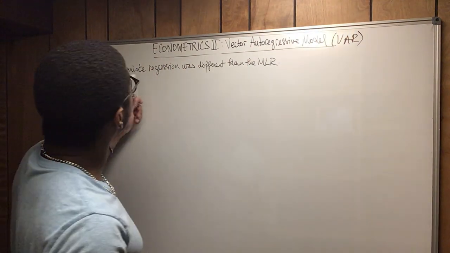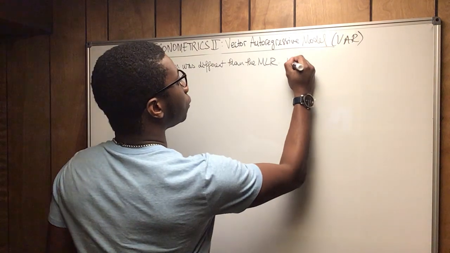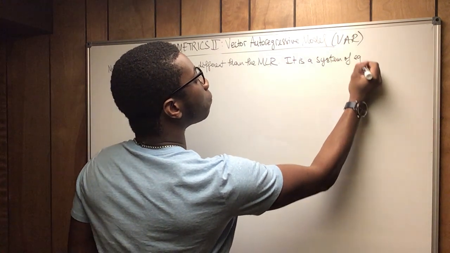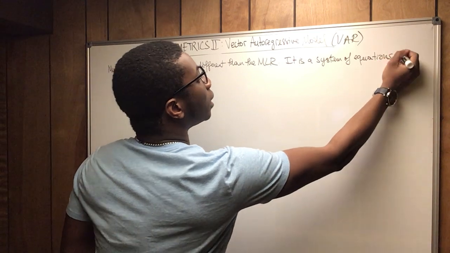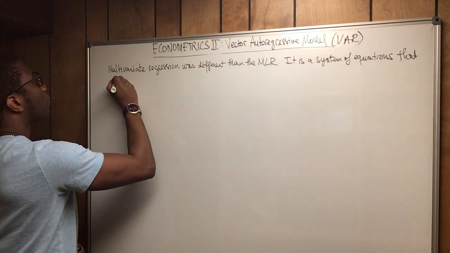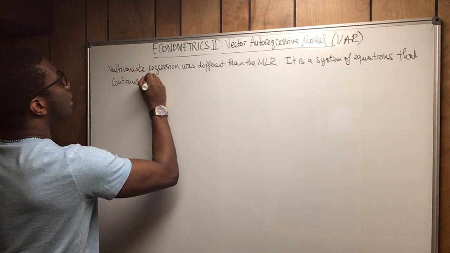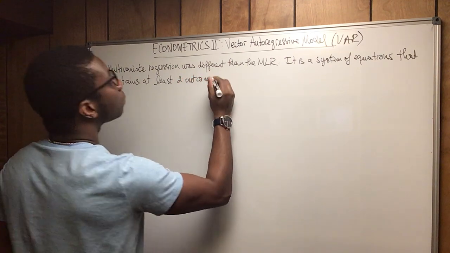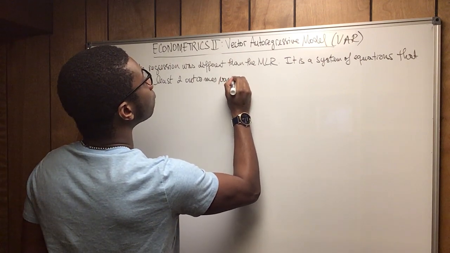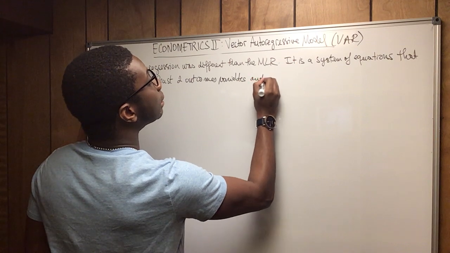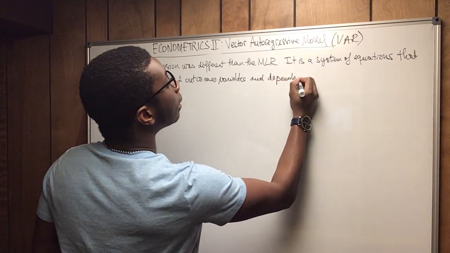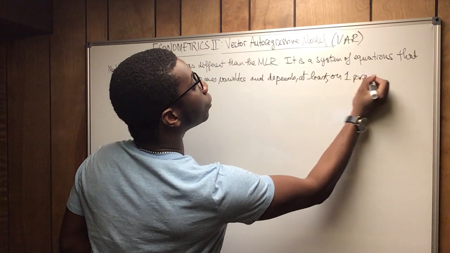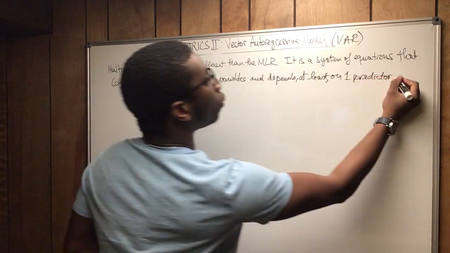In fact, the multivariate regression is a system of equations that contains at least 2 outcome variables and depends on at least one predictor or more.